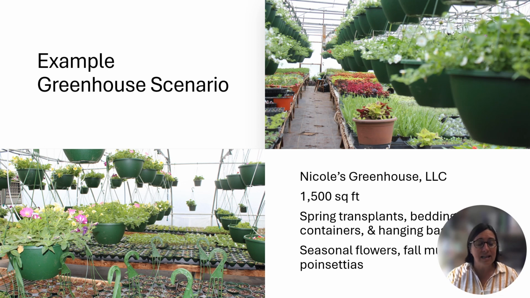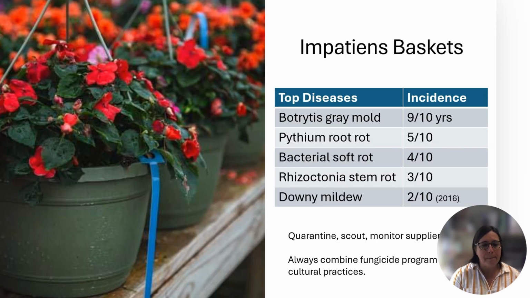So now let's zone in and develop a fungicide program for some of my crops. Our scenario one is impatiens. Impatiens baskets, as a matter of fact. With my impatiens baskets, I look back in my notebook, where I've kept 10 years' worth of data, and I know what my top diseases are. This is out of 10 years.